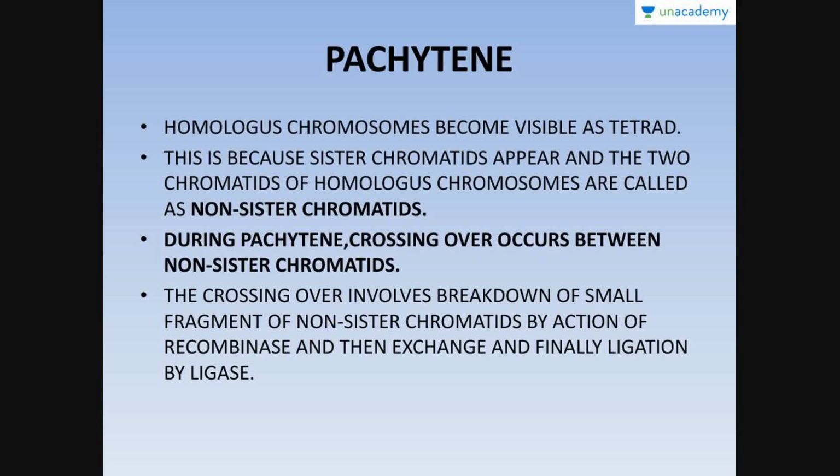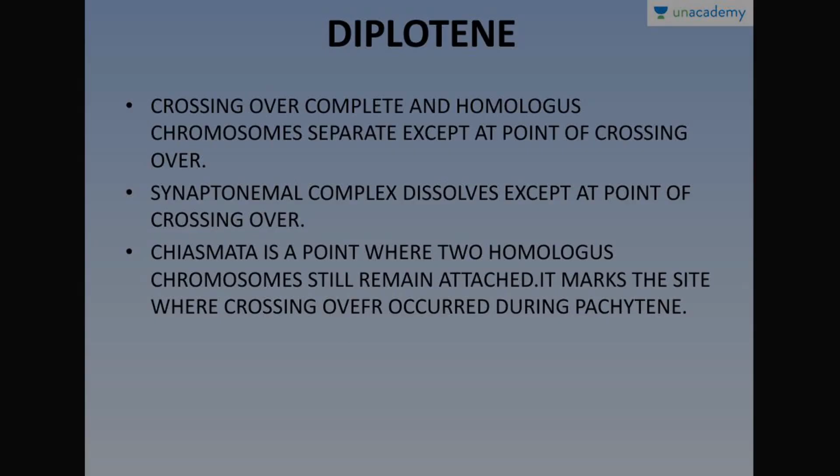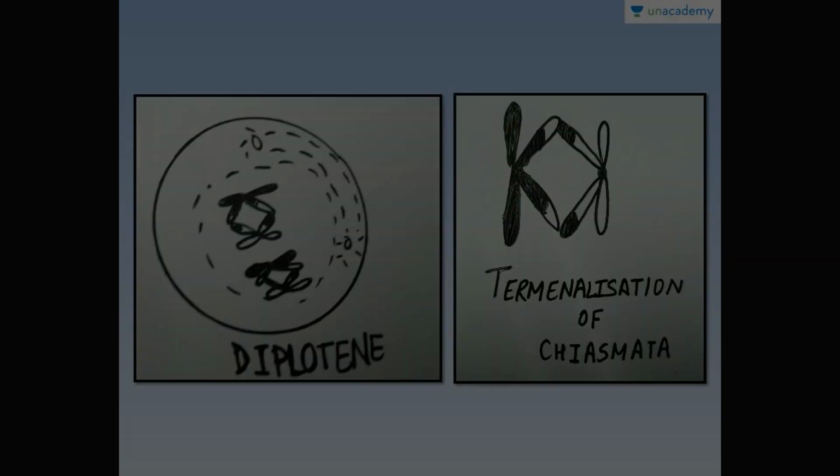Now what is crossing over? What is the basic process? Crossing over is a process in which two non-sister chromatids come to lie in very close association with each other. After crossing over, recombination takes place. What is recombination?